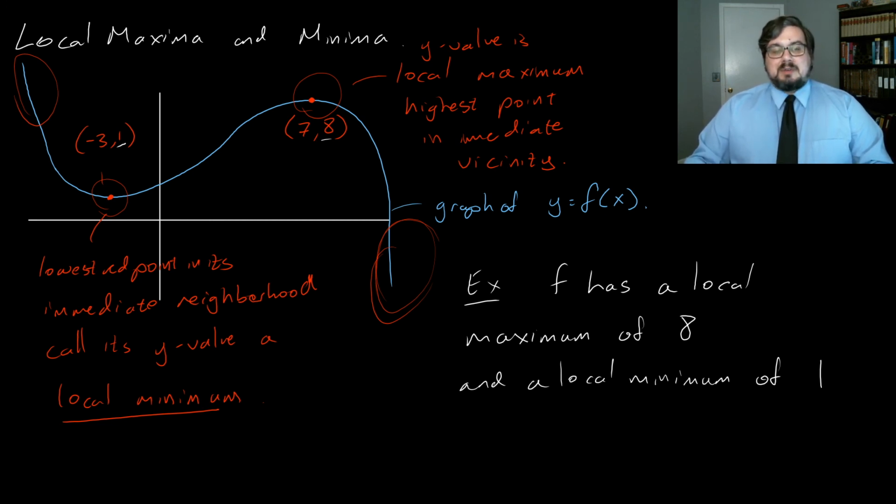Finding local maxima and minima is something that we are only going to be doing by using the graph. Again, calculus gives us tools to handle this more algebraically, more symbolically, but we are going to use the graph to do it. So let's look at one example.